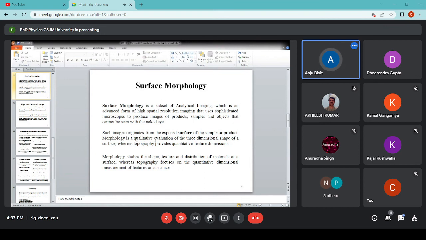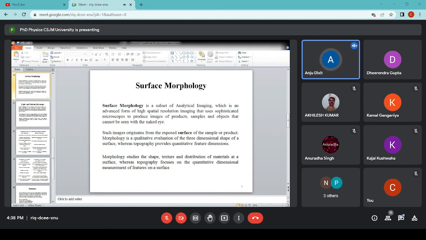Morphology is a qualitative evaluation of the three-dimensional shape of a surface, whereas topography provides quantitative feature dimensions. Morphology studies the shape, texture, and distribution of materials at a surface, whereas topography focuses on the quantitative dimensional measurement of features on a surface. So this is the major difference between morphology and topography.